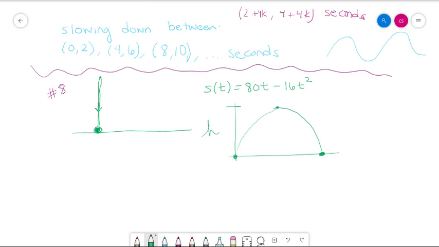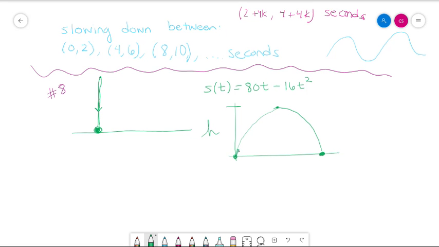The thing is, when we throw our ball up in the air, it goes really fast. It accelerates, but then what happens? Gravity starts to pull it down. So we slow, and we stop. And then gravity gradually starts to pull us down back to the earth, okay? And that's what we see here, right?